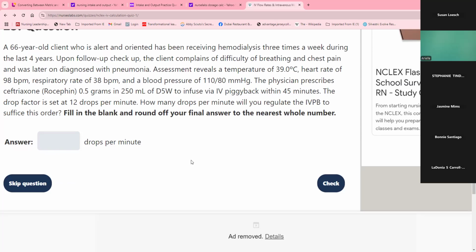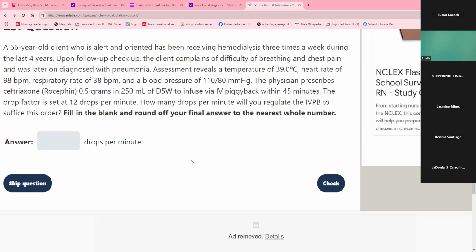The 250 mL. Correct. And what represents your time? 45 minutes. Right. The problem is you have to calculate mLs per hour and your time is in what? Minutes, so you have to convert.